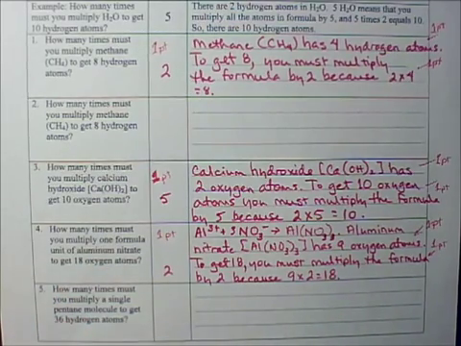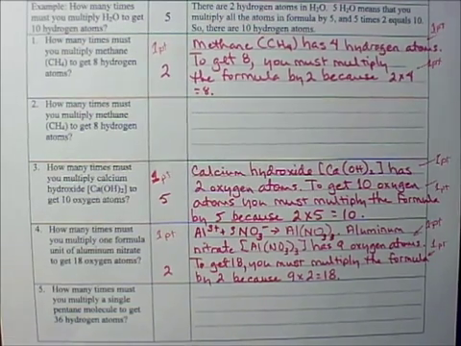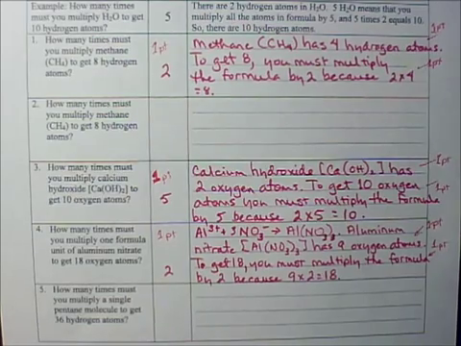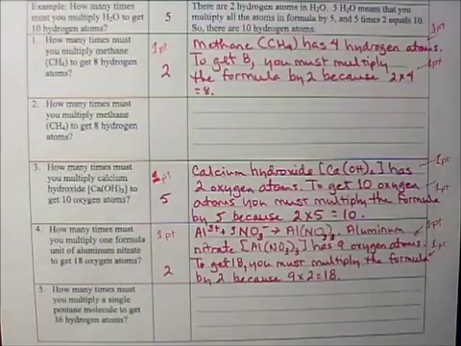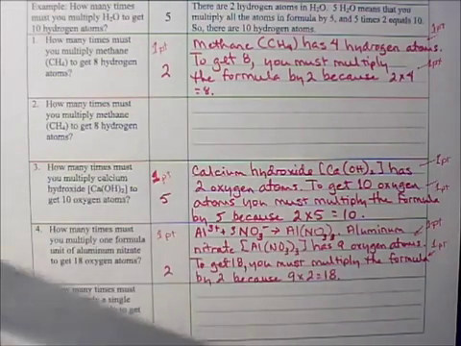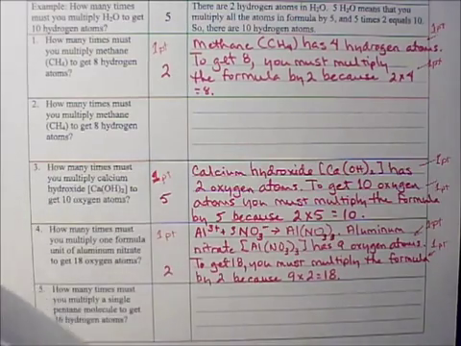All right, number 5. How many times must you multiply a single pentane molecule to get 36 hydrogen atoms? Well, first of all, you have to know how many hydrogen atoms a pentane has. We learned this in Unit 3. If we take the formula for pentane, using the name, the P-E-N-T part of pentane means 5. The A-N-E tells you there are only single bonds between carbon atoms.